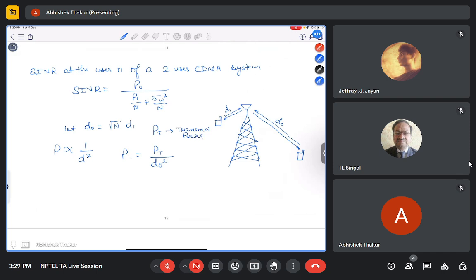And this we can write as Pt divided by n into d1 square. And our P naught is equal to Pt by d1 square.